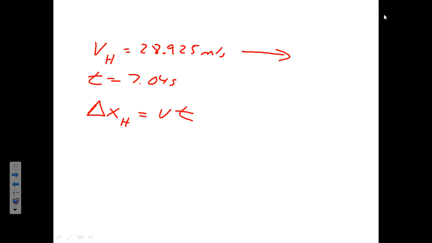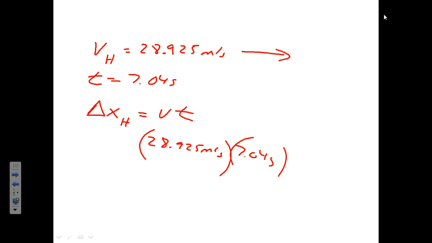What do we know about the horizontal component of velocity in a projectile problem? No, it doesn't change because there's no what acting on it. No force. The only force acting is the vertical force of gravity. Doesn't affect the horizontal velocity. So just go VT, 28.925 times 7.04.